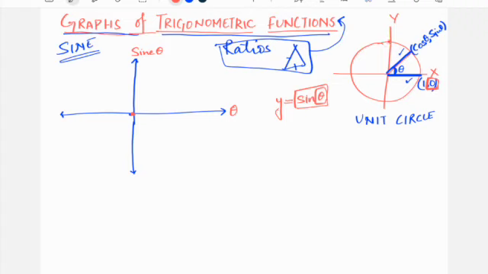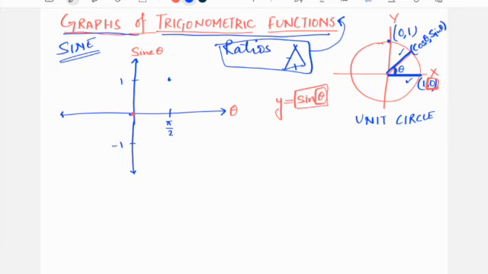At 90 degrees, we know that our y coordinate is 1 and our x coordinate is 0. So sine is 1. Let us suppose that is 1 and minus 1. So at pi over 2, which is 90 degrees, our sine function is 1.